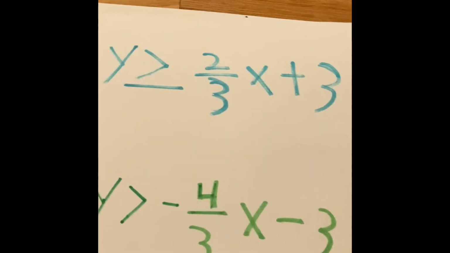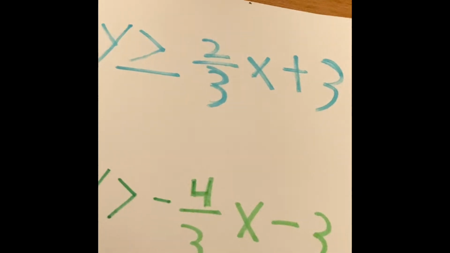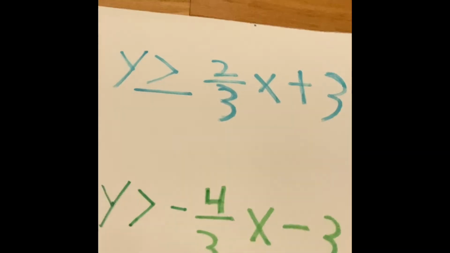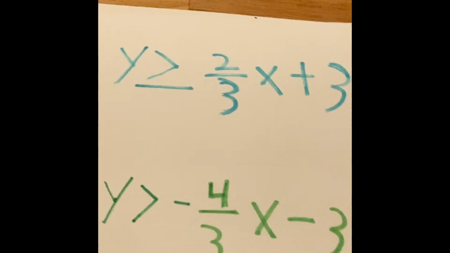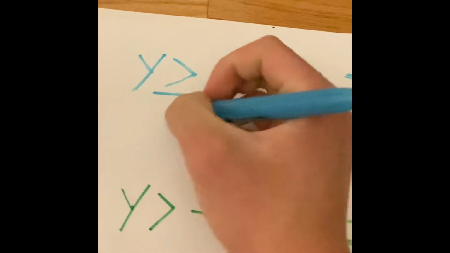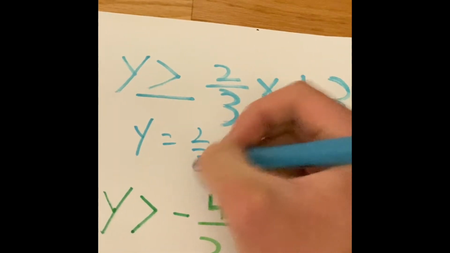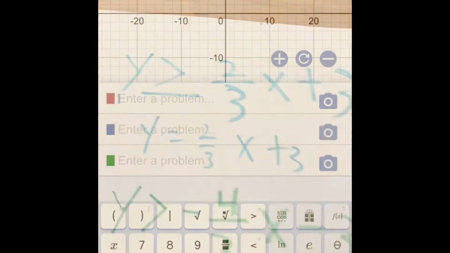So the first thing is to modify the inequality and turn it into something else. Think of it as y equals 2 over 3x plus 3.